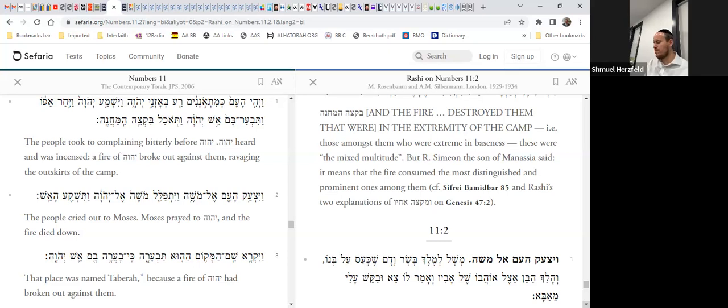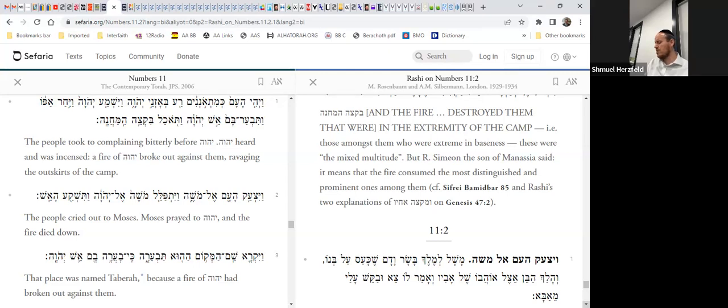Who's Rabbi Shimon ben Menashe? He was a Tana, from the period of the Mishnah, in what's called the Midrash Halacha, the ancient Midrashim around the time of the Mishnah, which Rashi will often use as the basis for his explanations. So Rashi is citing Rabbi Shimon ben Menashe.